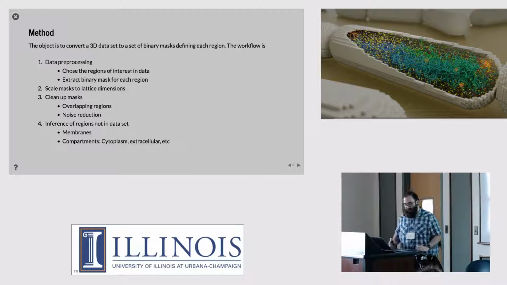Okay. So the first thing we want to do is crop the data, because if you remember, there's a lot of blank space around the cell. So I'm going to use a labeling technique.